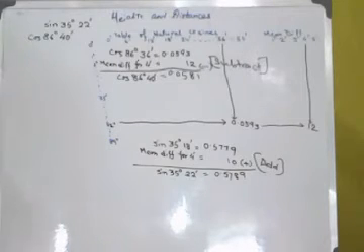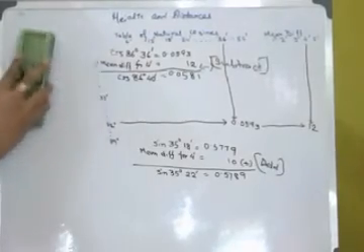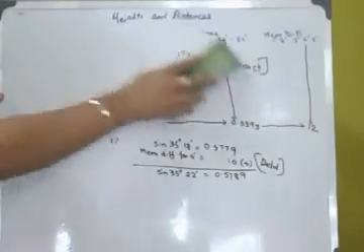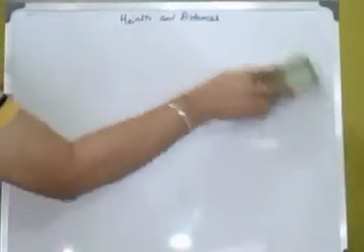Now we come to my topic, that is heights and distance. Here are two concepts. One is angle of elevation, another one is angle of depression.